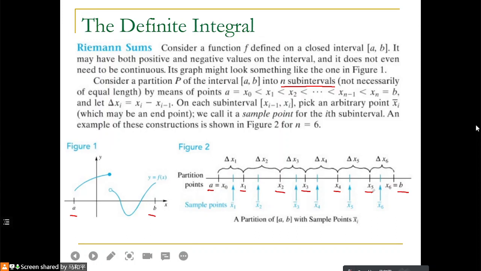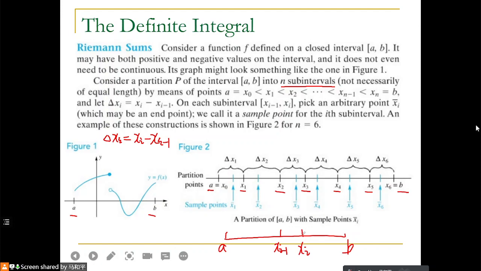And we write delta x_i is equal to x_i minus x_{i-1}, the length of each subinterval [x_{i-1}, x_i]. For example, this is the point x_{i-1}, and this is the point x_i.